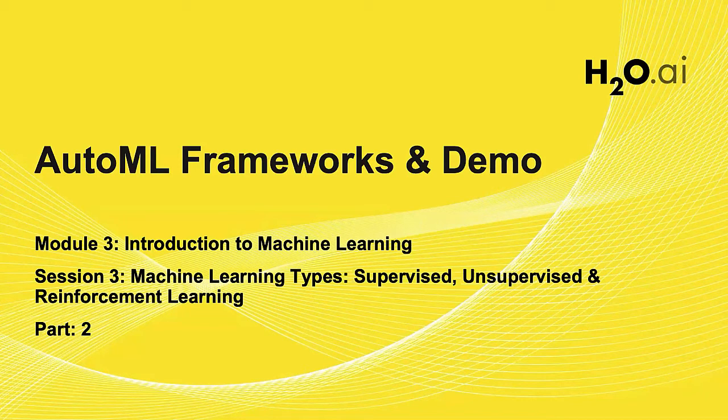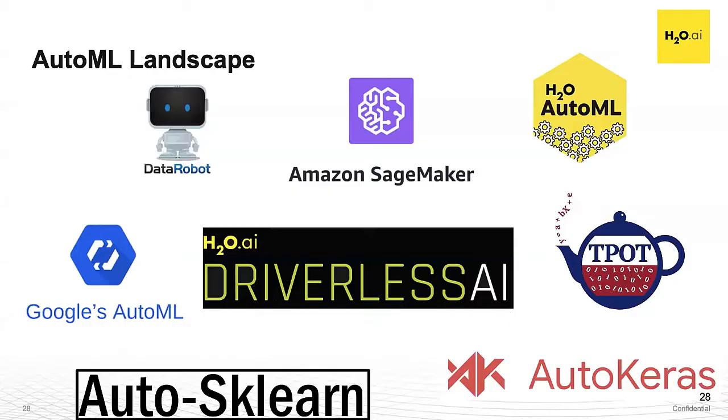So this is the part on AutoML frameworks and demo. There are a lot of AutoML products in the market. For instance, we have Data Robot, Google's AutoML. Then there's also an AutoML part from Scikit-learn, which is called Auto-sklearn.